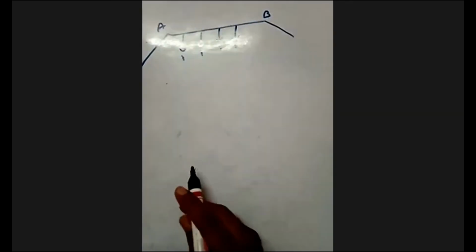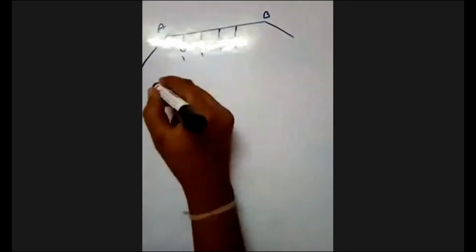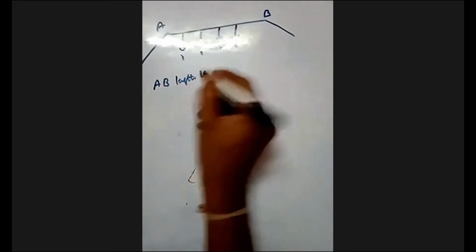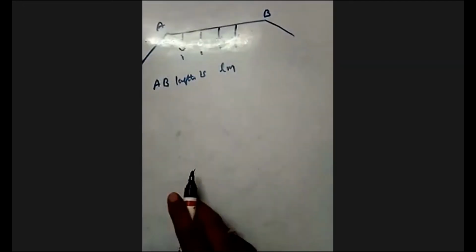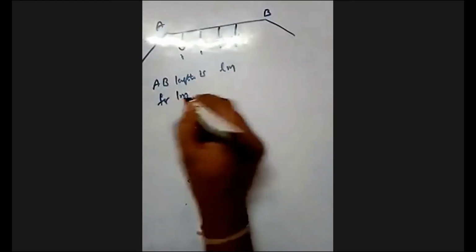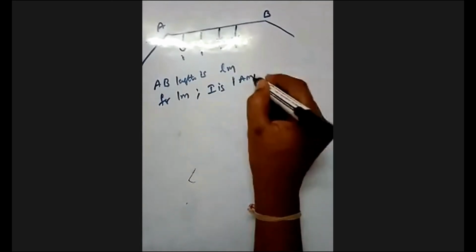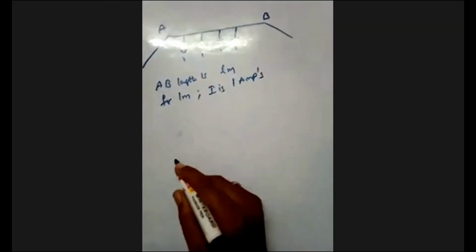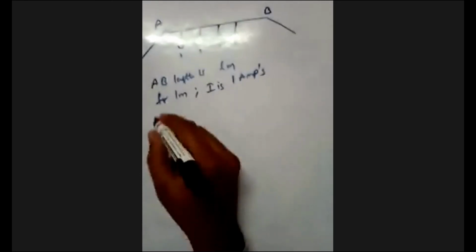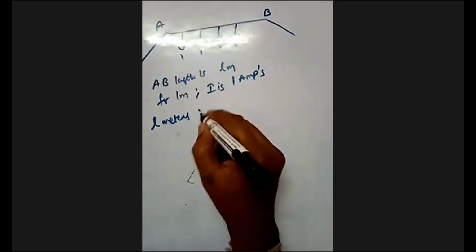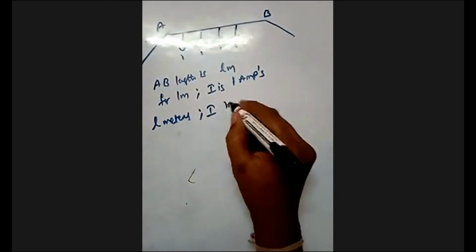So here what we are discussing is that the AB distributor length is L meters. For 1 meter the current is I amps. So for L meters, what will be the current in the AB distributor?